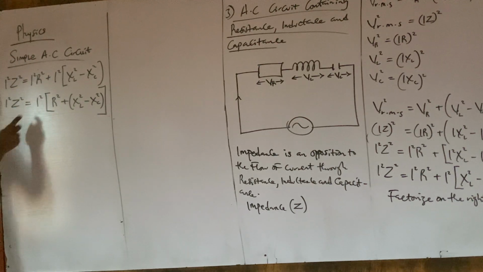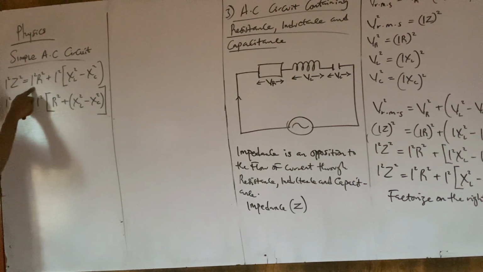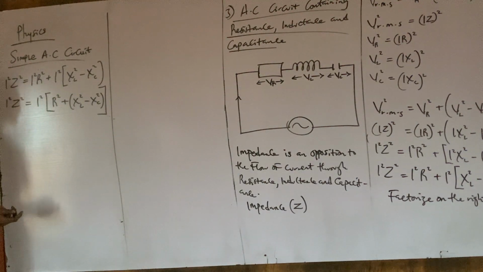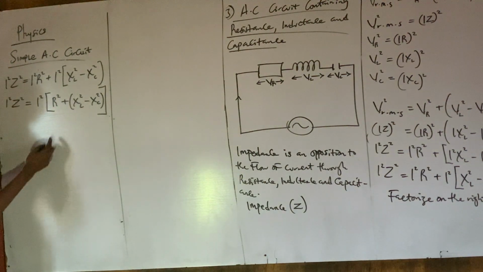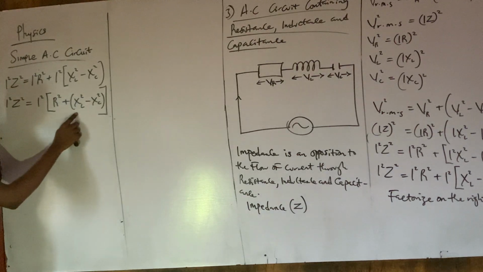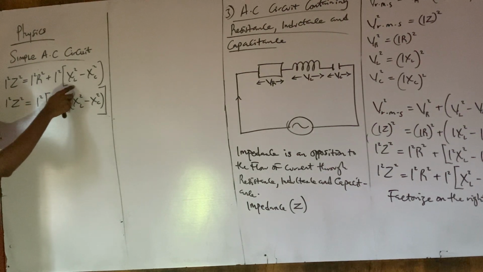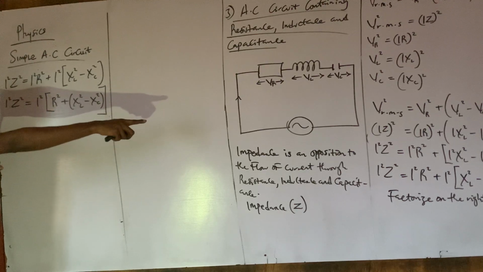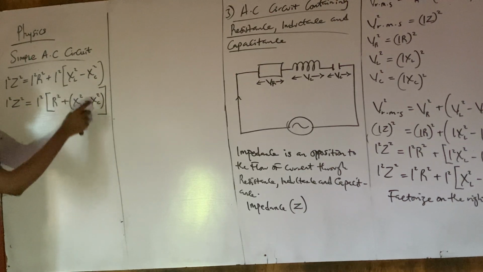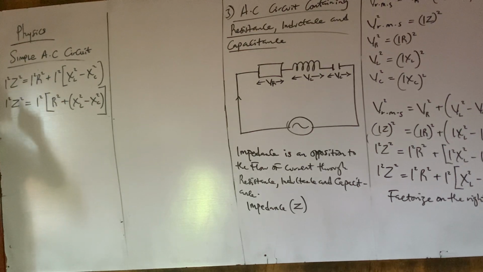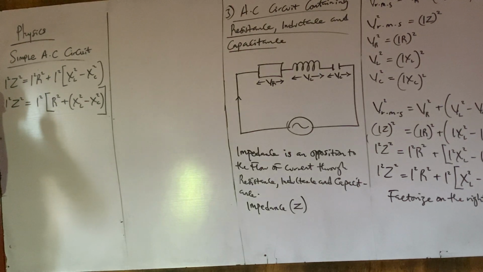Knowing fully well that I squared times R squared will give us I squared R squared. Plus I squared times XL squared will give us I squared XL squared as we had over there. Then I squared times minus XC squared will give us minus I squared XC squared.